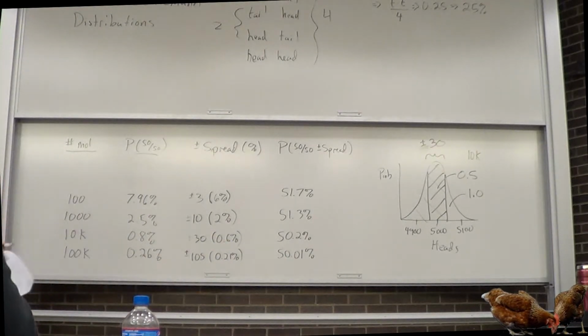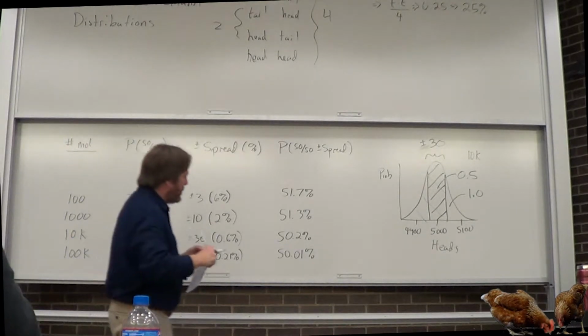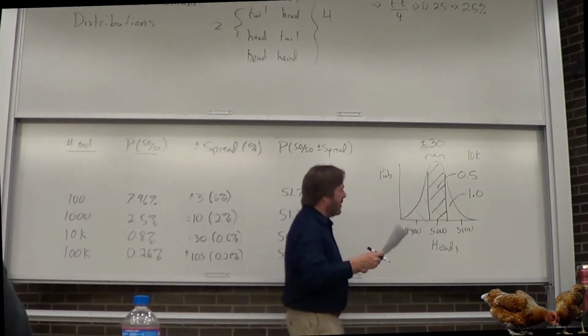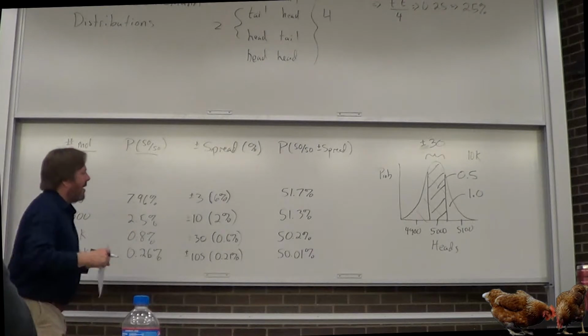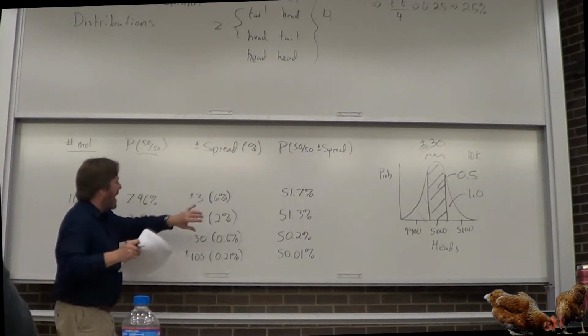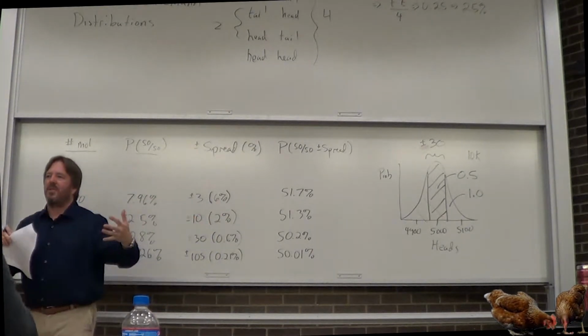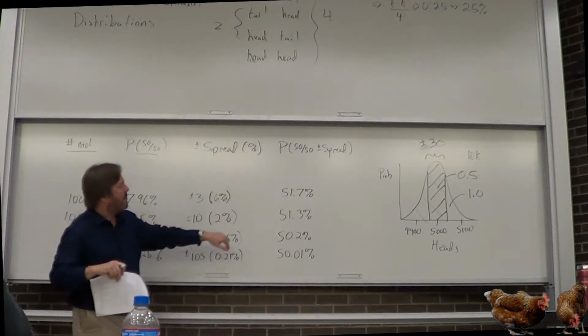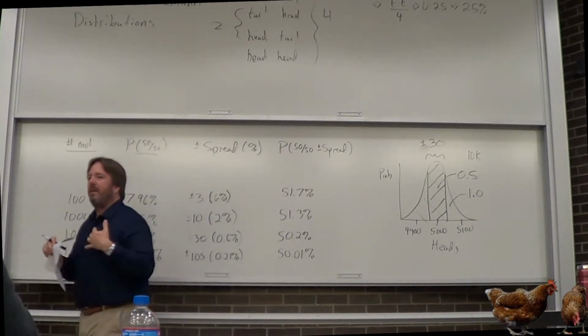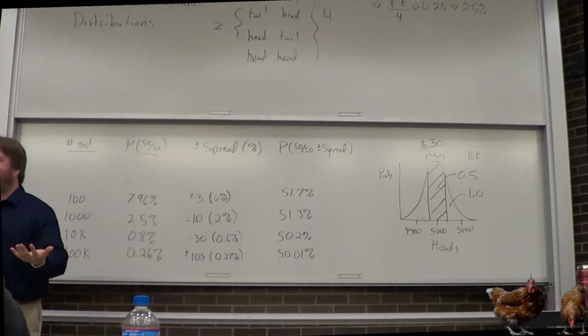So that man knows his stats. Anyway, we're going to be looking at a lot of curves, so let's get used to that. The point of this is, when you have a large number of observations, probability fails, but probability with a spread succeeds.